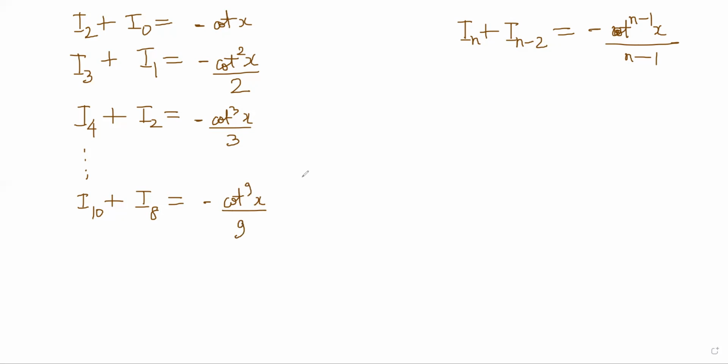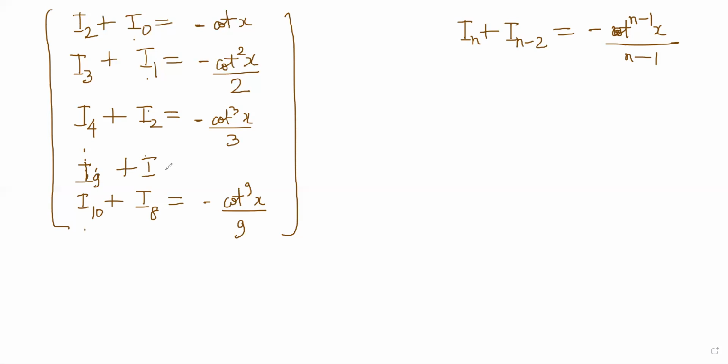Therefore, if you add up all of these results, what we get is I2 comes 2 times, I3 will come 2 times, similarly I8 will come 2 times, and you'll get I0 plus I1 plus I10 plus I9 in the previous step. You'll get one term here, I9 plus I7.